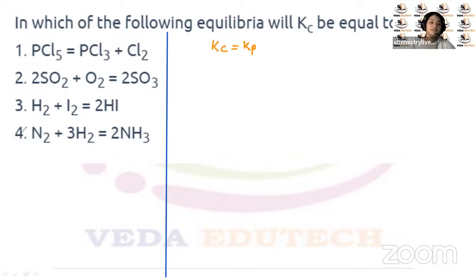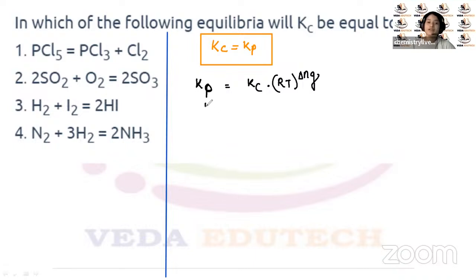So here we are talking about the relationship between Kc and Kp. We know that Kp is equal to Kc into RT to the power delta Ng.